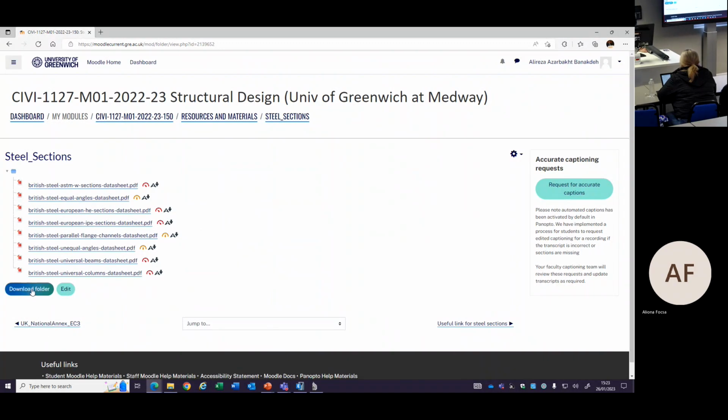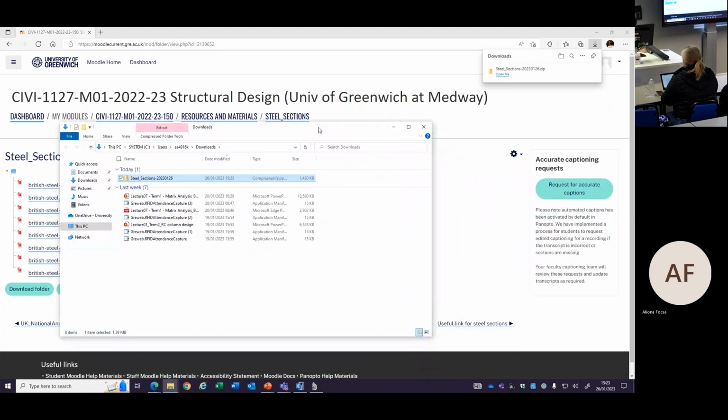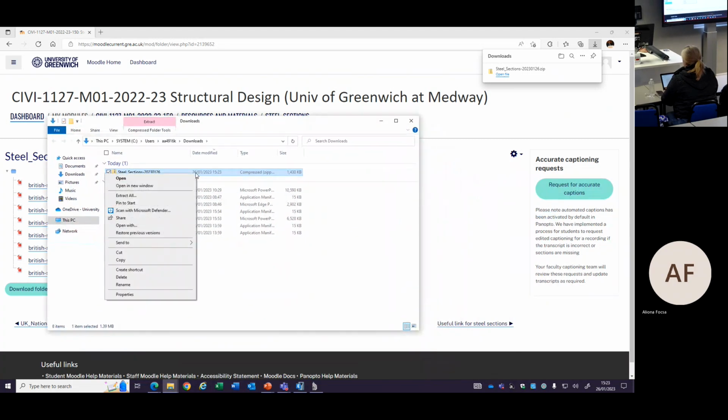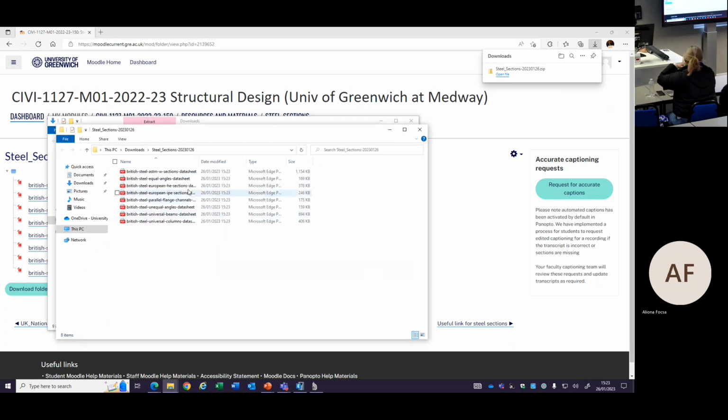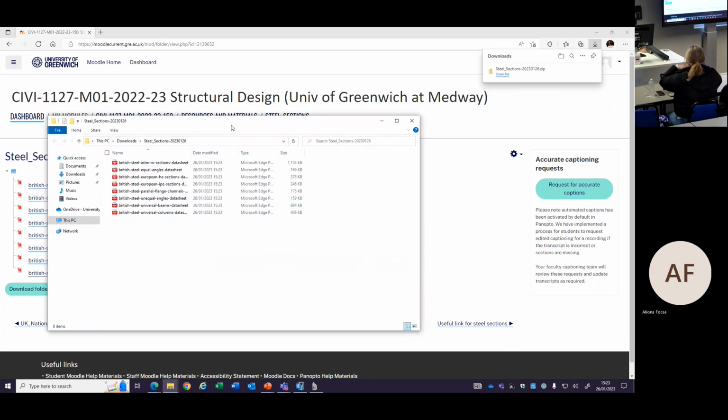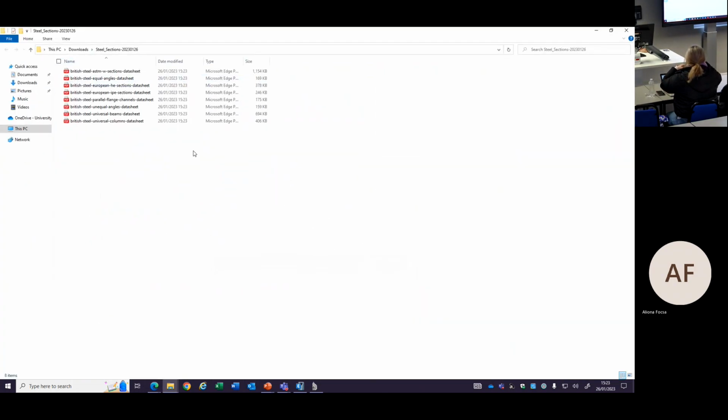Yeah, you can download the folder, a single file. So there are some files. These are all about steel sections.